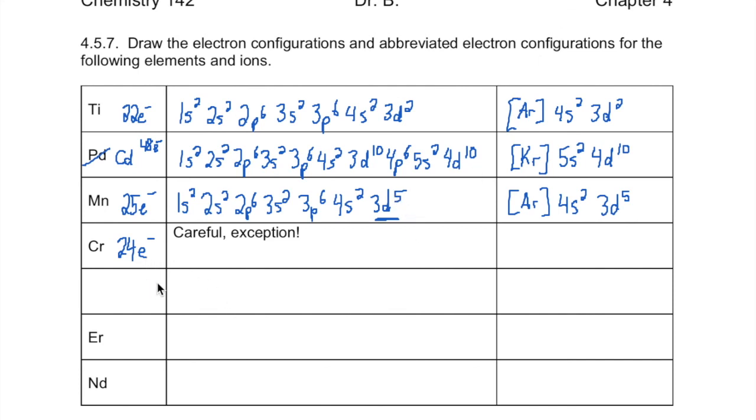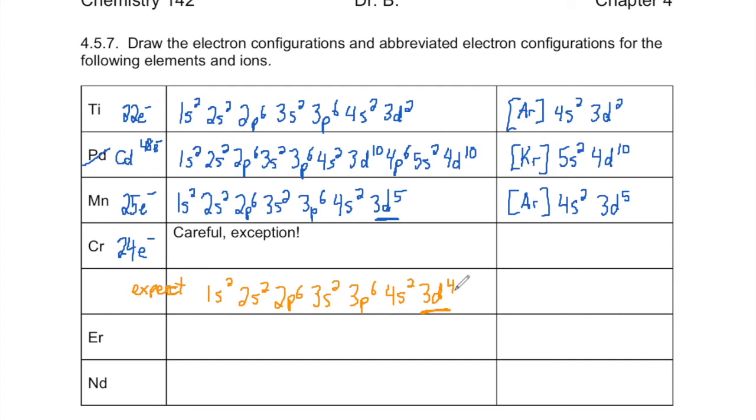So let's put what we expect here for chromium with 24 electrons. So we would expect chromium to have 4 electrons left to go into that 3d orbital. But like I said, the 3d orbital prefers to either be half full with 5 or completely full with 10.